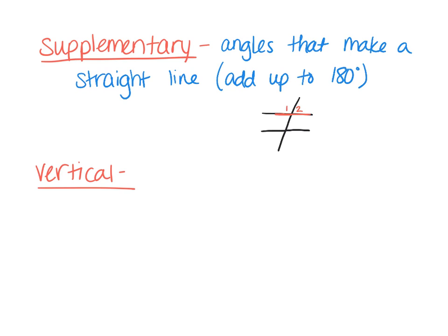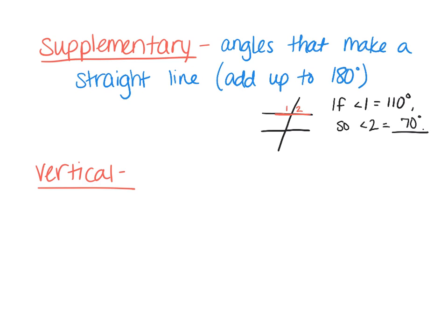Okay, so if I told you angle 1 is equal to 110 degrees, and you had to figure out what angle 2 was, well, together they make a straight line. They have to add up to 180, so angle 2 has to equal 70 degrees.